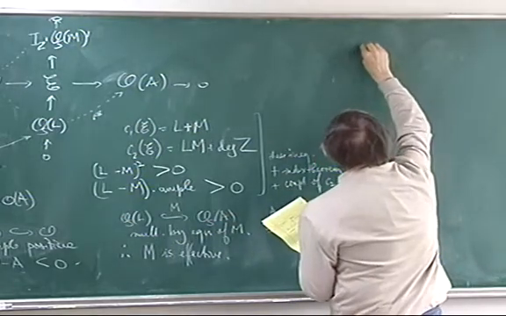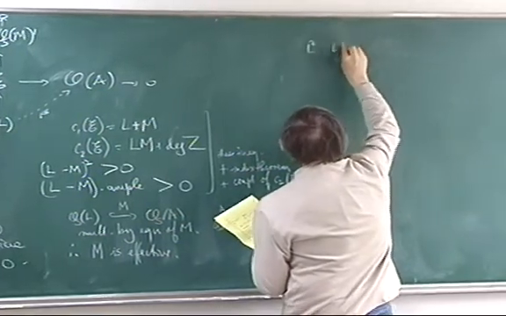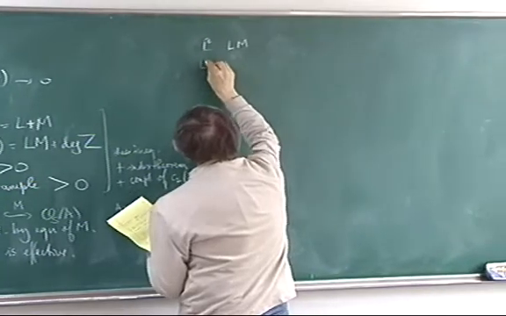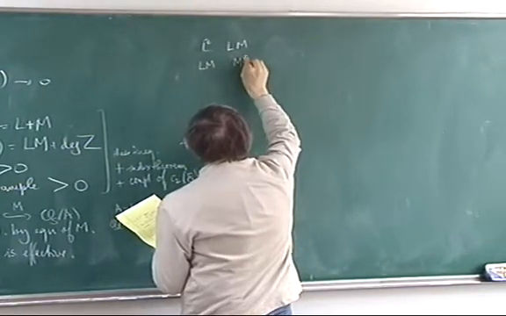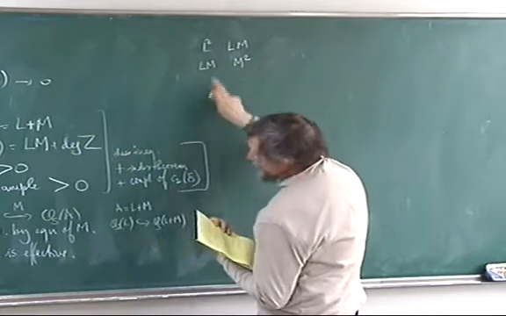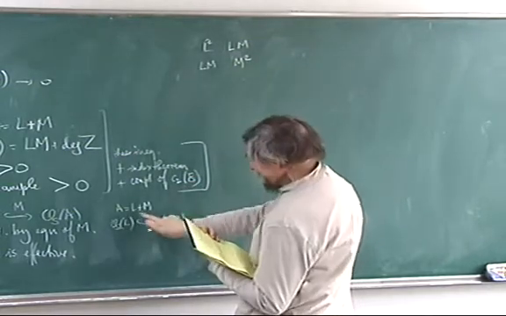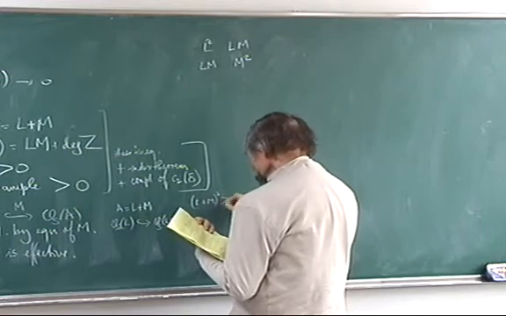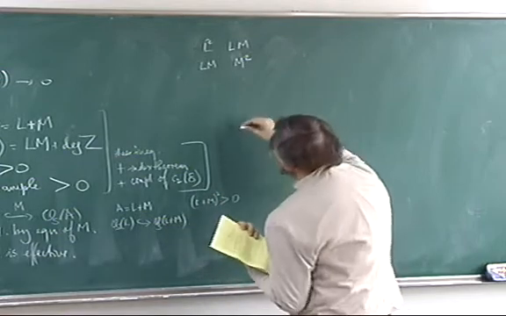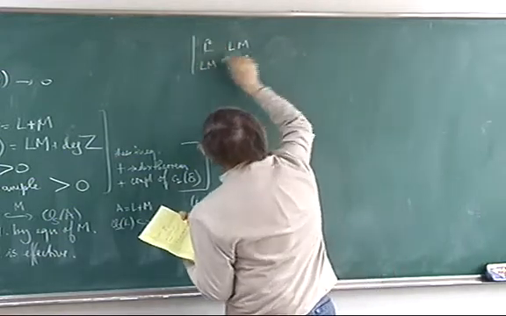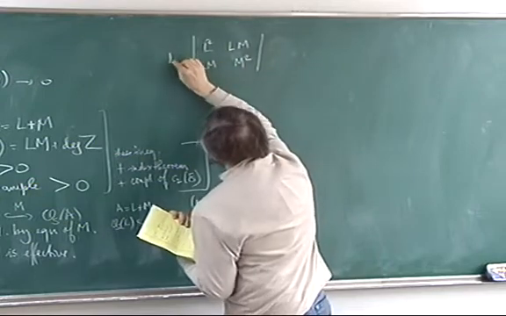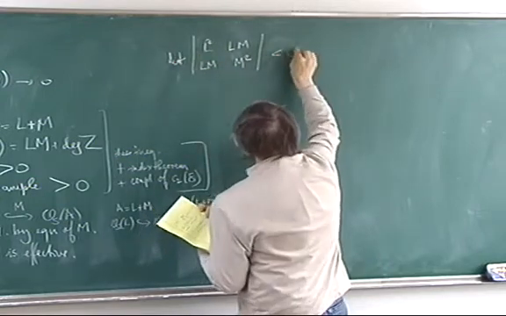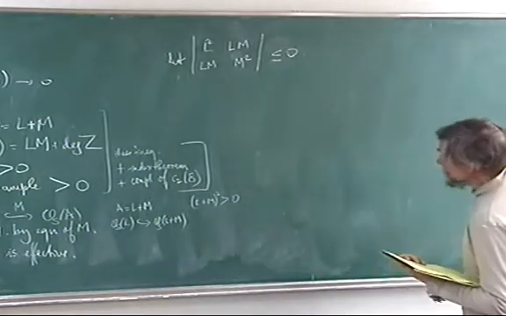So I've got L squared, LM, LM and M squared, and L plus M is A. So L plus M all squared is positive. And so the index theorem says that this little determinant is less than or equal to 0.